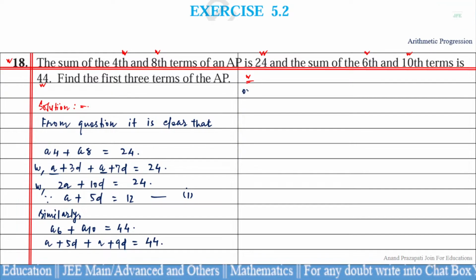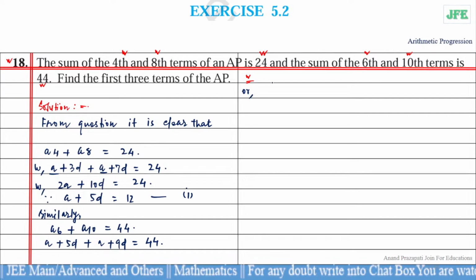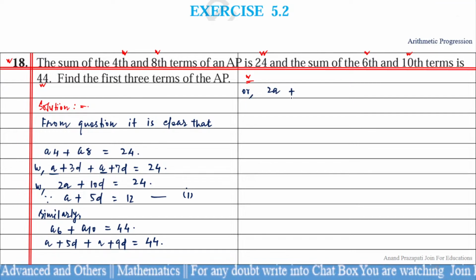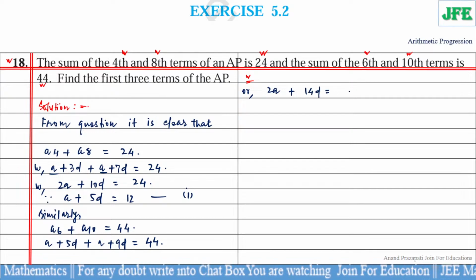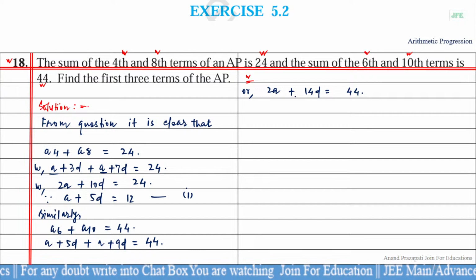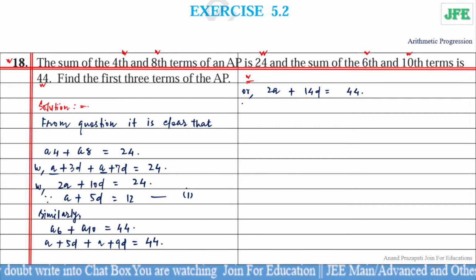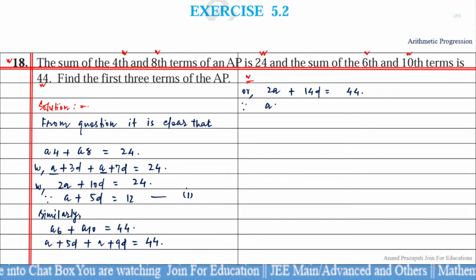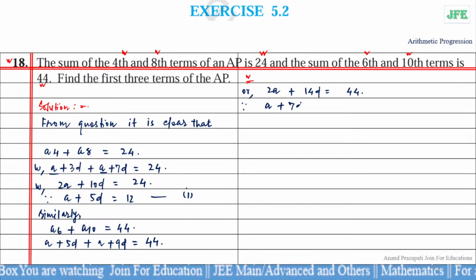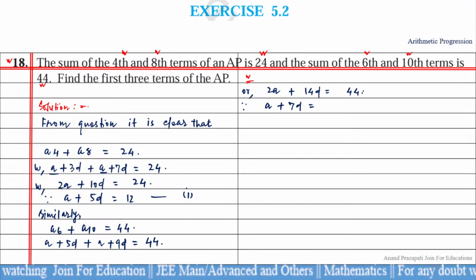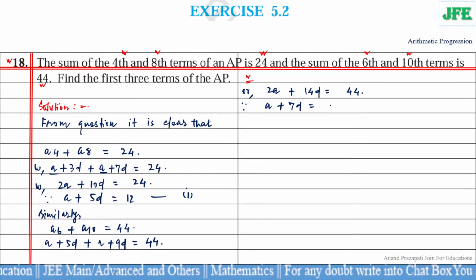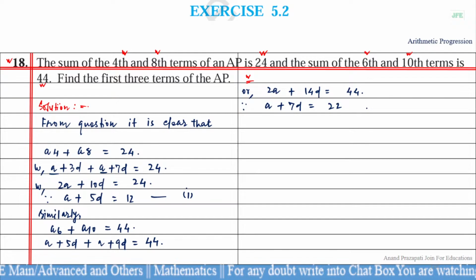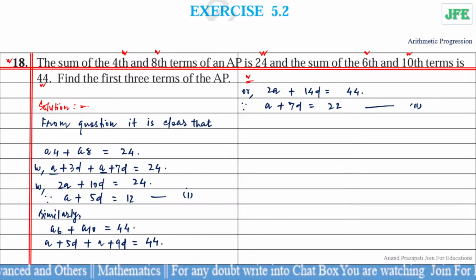Therefore here it will be 2a plus 14d equal to 44. So we take 2 as common, then here we get a plus 7d equal to 44 by 2 equal to 22. Suppose this is equation number 2.